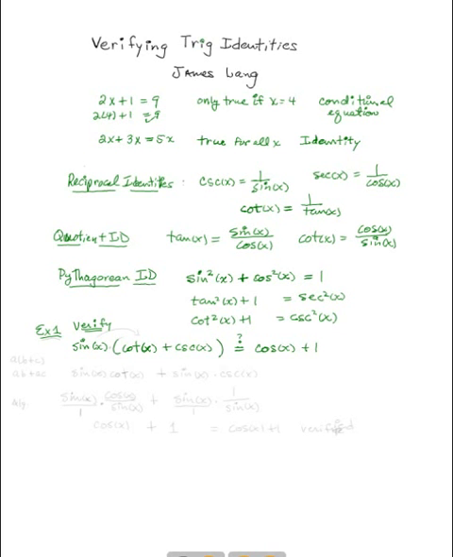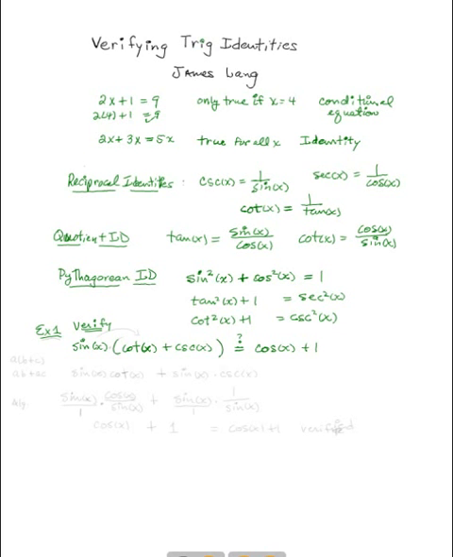Now, what we need to do is work with one side of this equation and try to rewrite it and do algebra simplifications and end up with the other side.